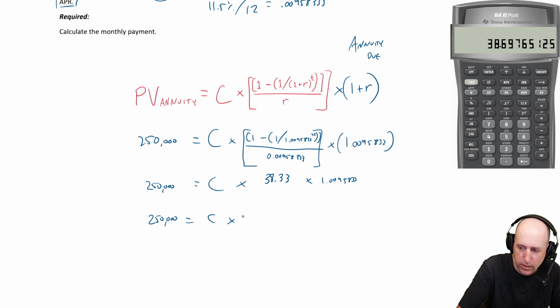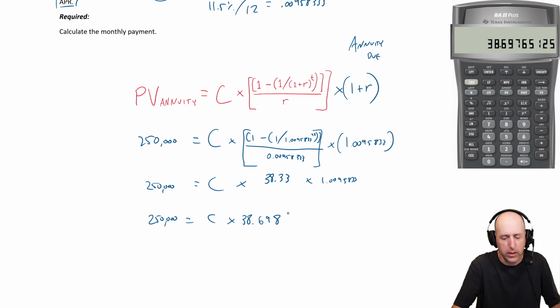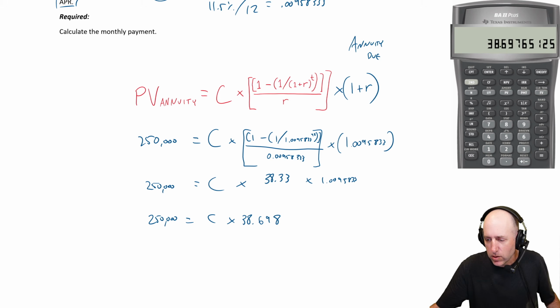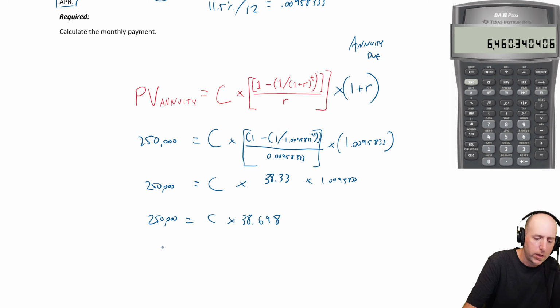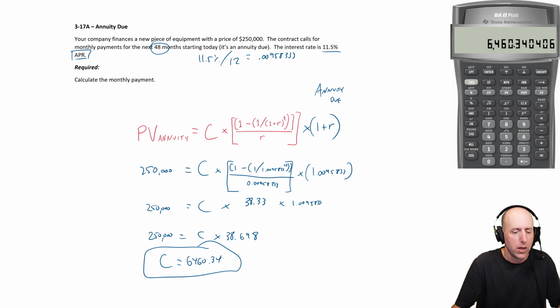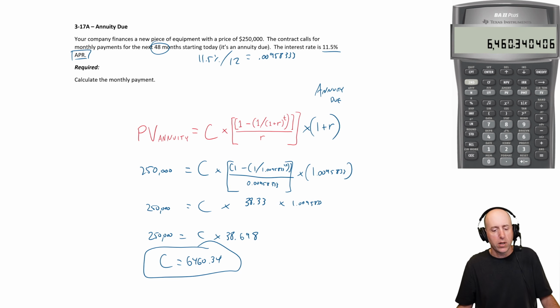Then 250 divided by 38.69765 is our answer. I just go 1 over x times 250, and that gets us 6460.34. So C equals 6460.34. We've solved it. The monthly payment on this new piece of equipment is $6,460.34 per month. Well done. We've solved the problem.